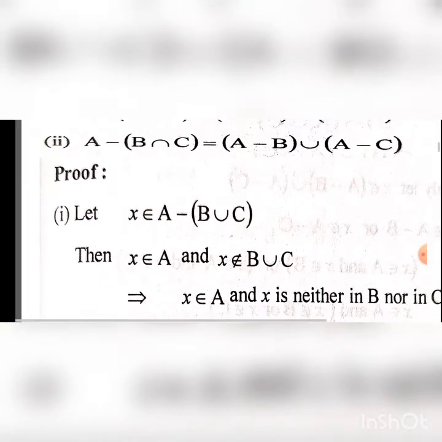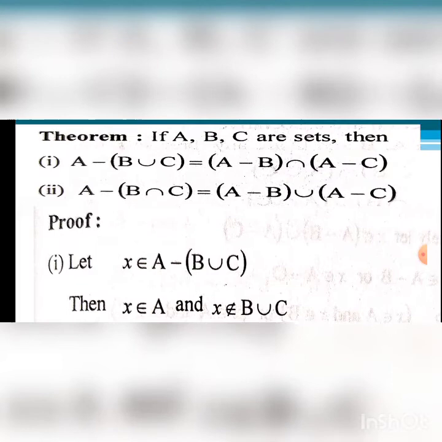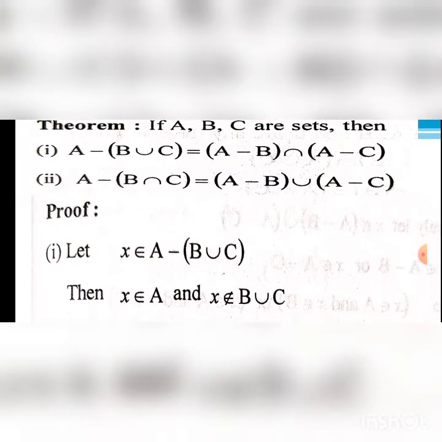Okay, see in the proof, firstly we take one element from left hand side. So let x belong to A minus (B union C). Then what will we get by the definition of A minus B?